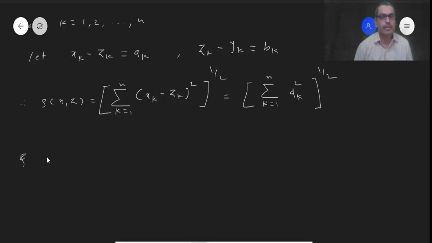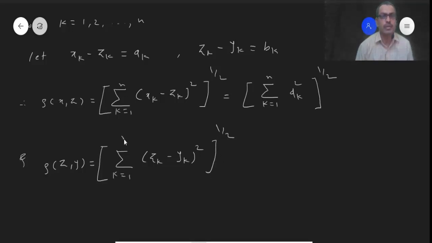And rho of z, y, that is the distance from z to y, is equal to the summation of (zk minus yk) squared, raised to half, k from 1 to n, which is equal to the summation of bk squared, k from 1 to n, raised to half.